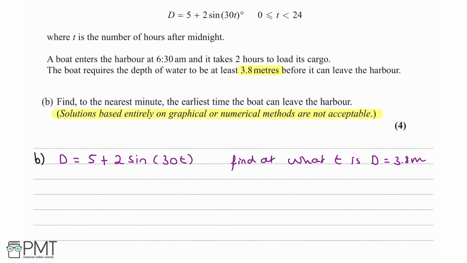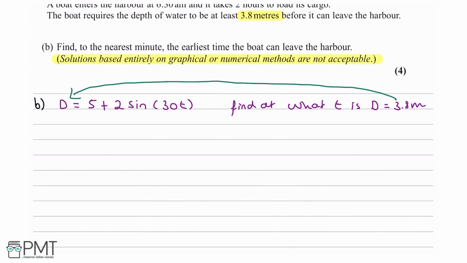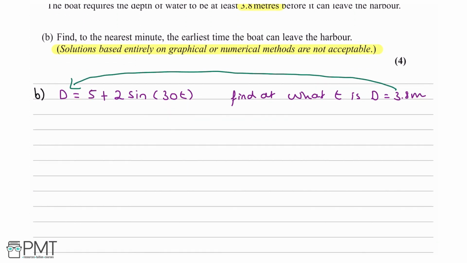So what we need to do is plug in our value of 3.8 into our expression for d and use that to solve for t. So we've got our equation here, and I'm going to do exactly that. We're going to say 3.8 equals 5 plus 2 sine 30t. I'm going to bring the 5 to the other side.